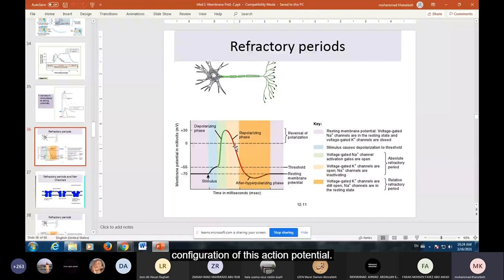After stimulation by any means, you are getting depolarization. If that depolarization reaches the threshold, you get an action potential in that configuration. If that depolarization does not reach the threshold, you will not get a recording of an action potential. So that's the all-or-none principle.